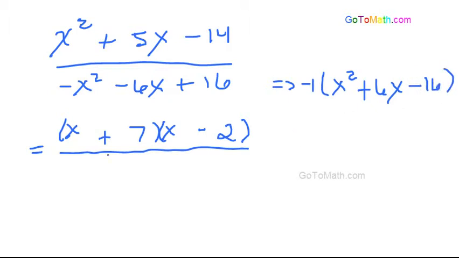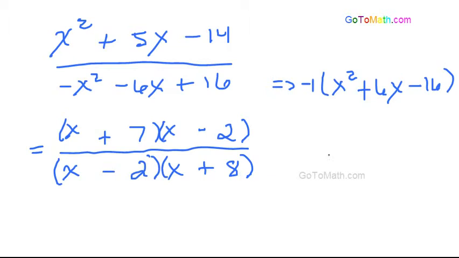Okay, so two numbers that multiply together to give us negative 16, and when we add them we get 6. Let's see, what about 2 and 8? Let's put an x here and an x here. 2 and an 8, right? And so this is going to be a plus 8 and a minus 2, because 8 minus 2 is 6, right?